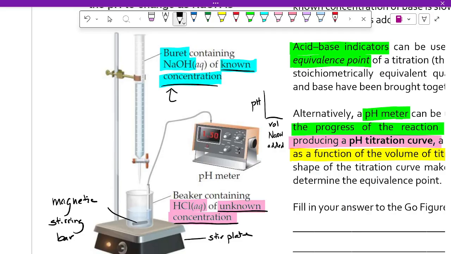It's called the titrant. It is also called the standard. It's called standard because it has been standardized. Standard literally means it has known concentration.